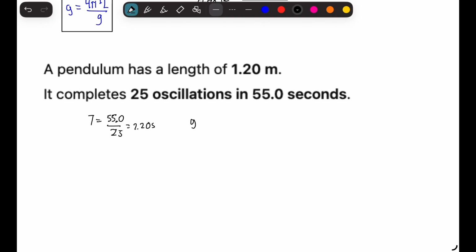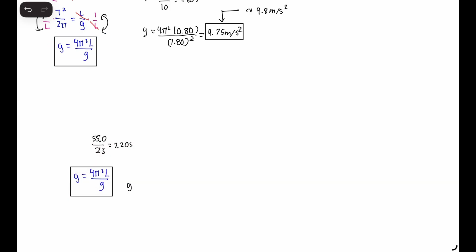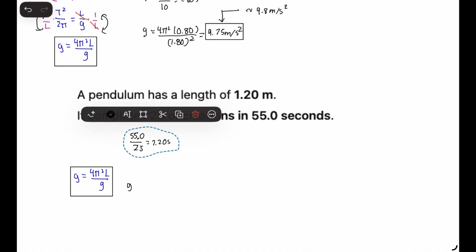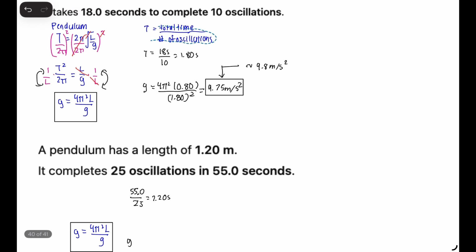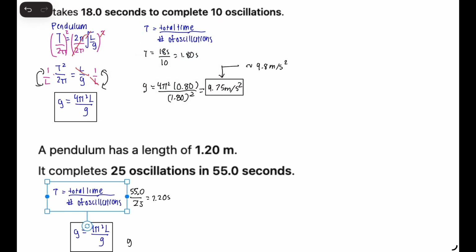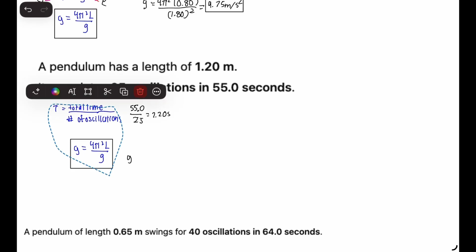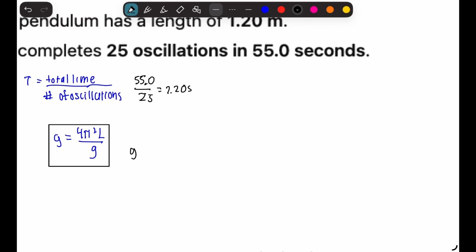Now for G, same formula here. I want to keep this nice and neat, so I'm going to use these same formulas for all 3. So that's 2.20 seconds.